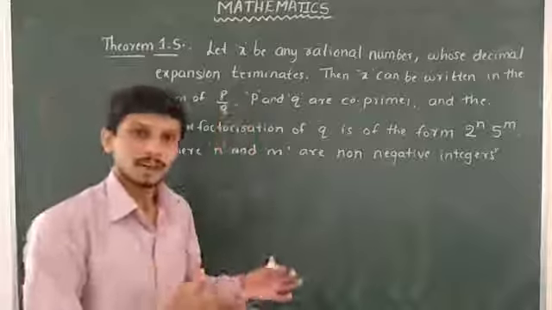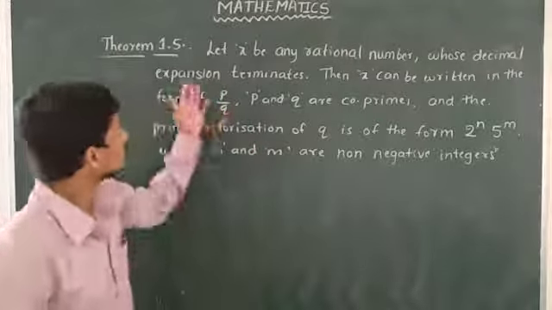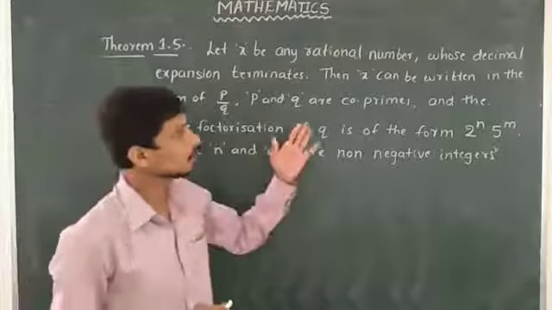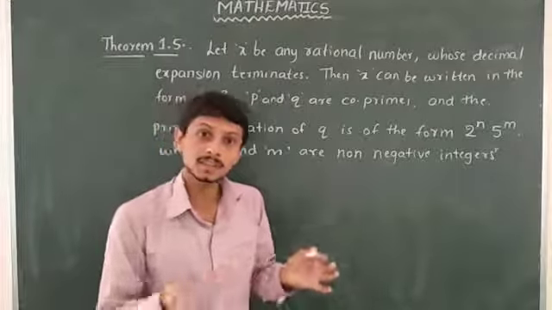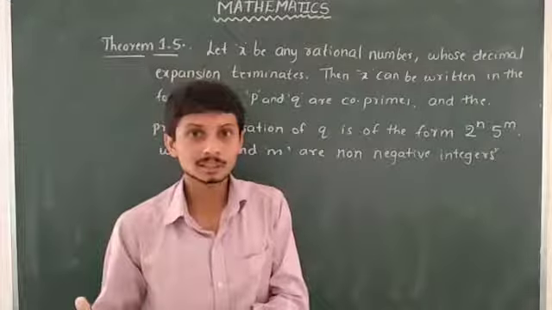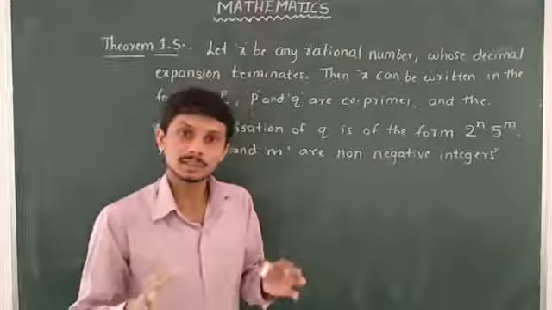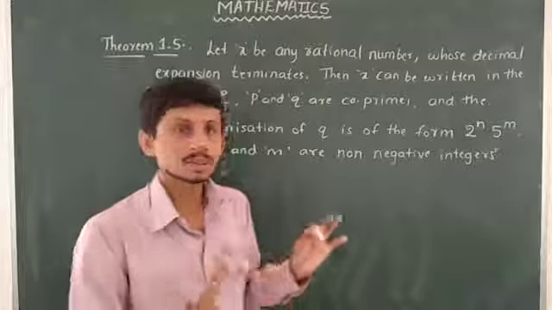Bigger statements we have to understand in a simpler way. Let x be any rational number whose decimal expansion terminates. Rational numbers include terminating decimals and also non-terminating decimals. So our confusion is clear: let x be a rational number whose decimal expansion always terminates here.